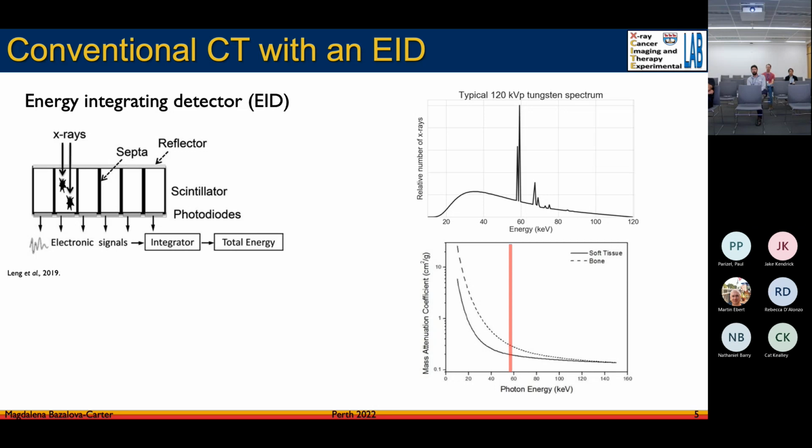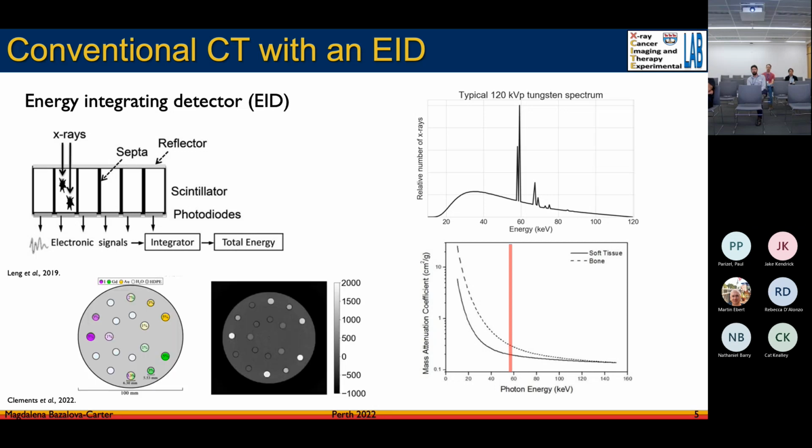But we only get basically one number out of this conventional CT image, and that's what you're used to. You scan a patient or a small animal, and you get one CT data set. This is an example of a phantom that we scanned in our photon-counting CT system. I'll talk about our system a little later. But you can see that it has 3 different contrast agents: iodine in purple, gadolinium in green, and gold in yellow, with different concentrations.